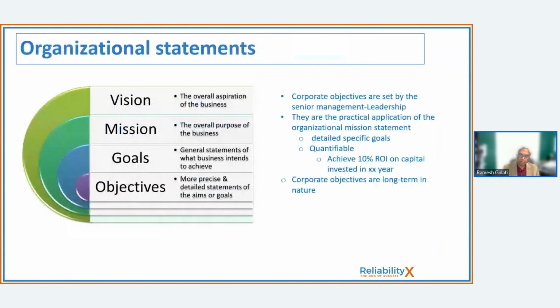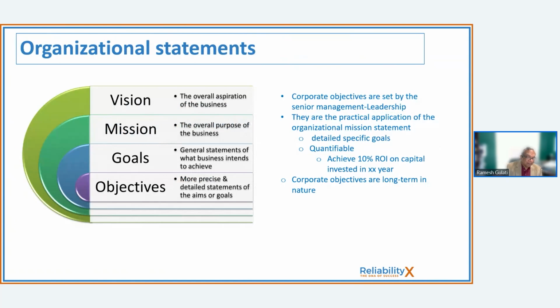Organization statements. Many companies have an organization statement: vision, mission, goals, objectives. Our metrics, whatever we come up with, should match the company objectives. They should be aligned to that. Like every company organization has an objective of zero failure or zero incident rate.